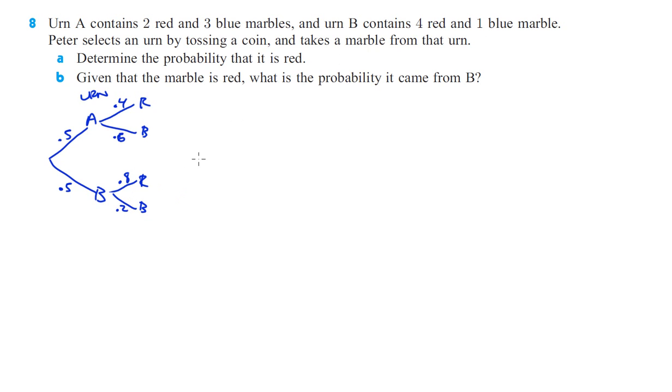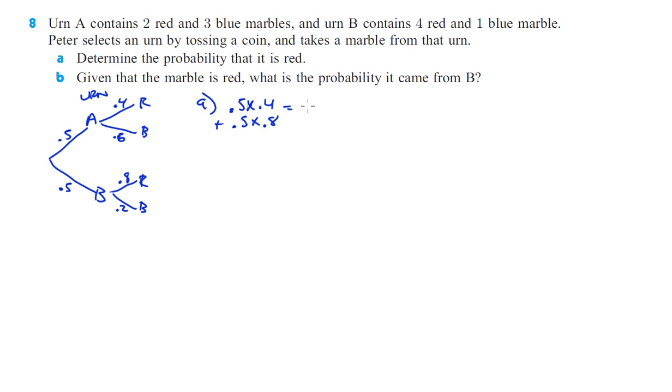Okay, so determine the probability that it's red. So that's going to be, so for part A, we've got 0.5 times 0.4 plus our 0.5 times 0.8, right? That's the 2 paths to get red.